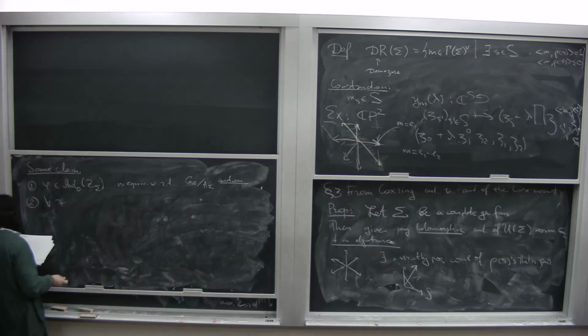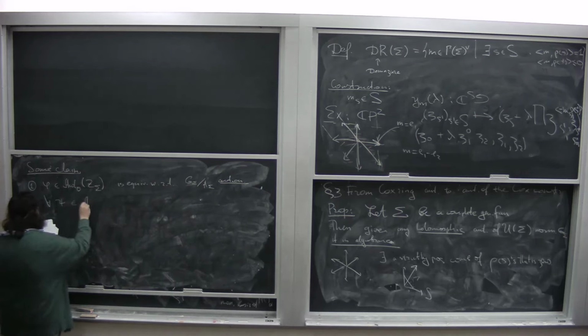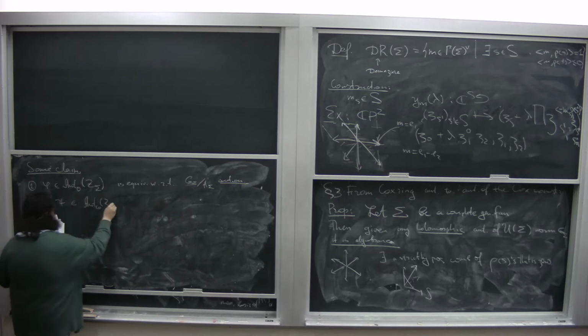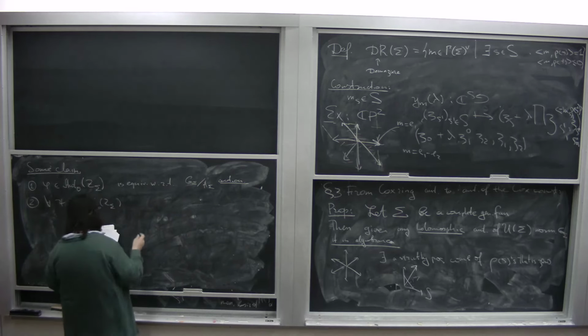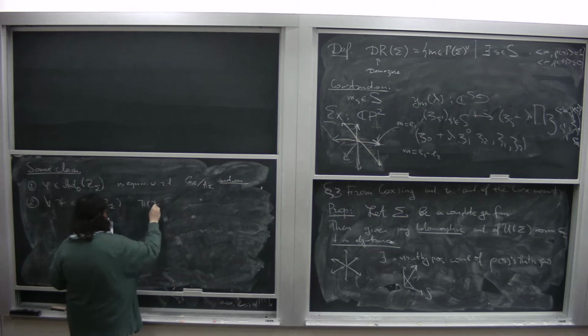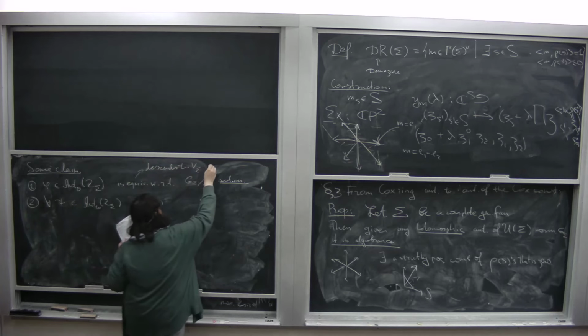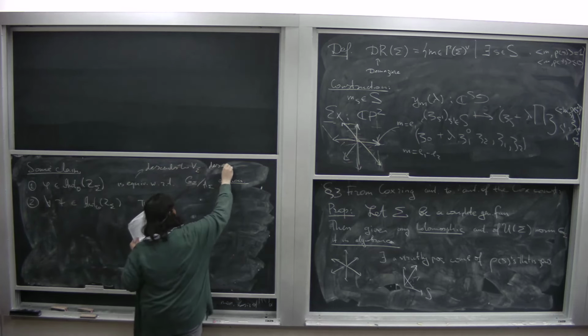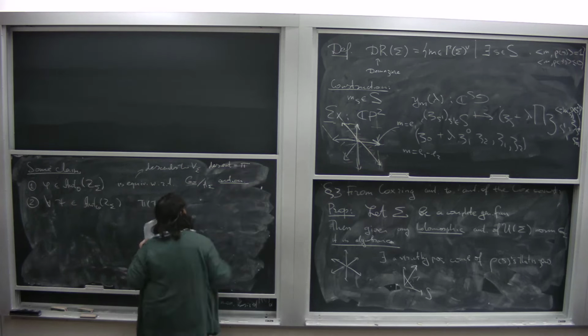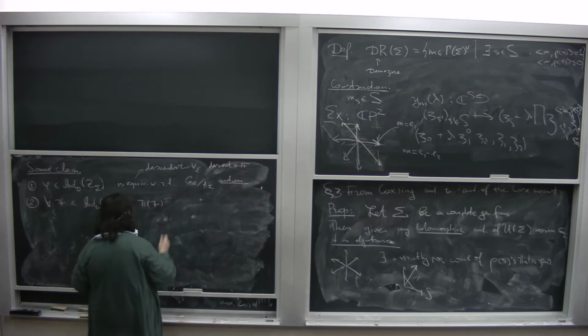Second, for any automorphism psi inside of the holomorphic automorphisms, the descent homomorphism will be denoted by pi.